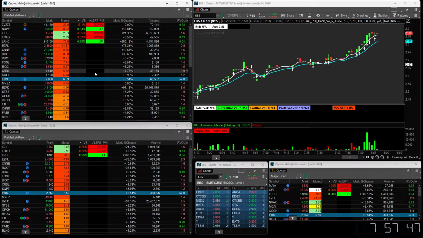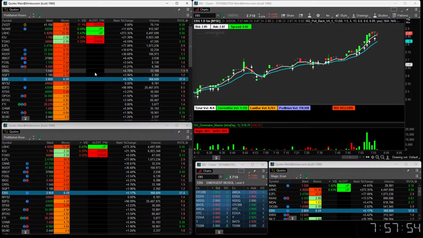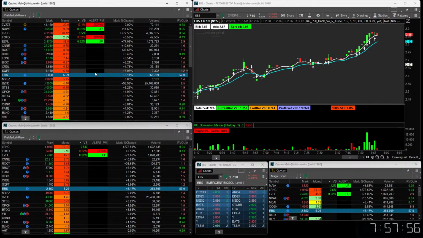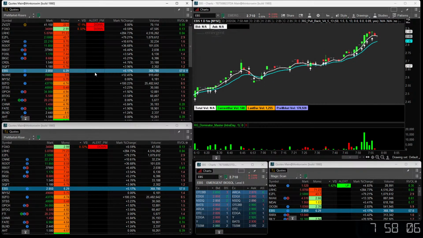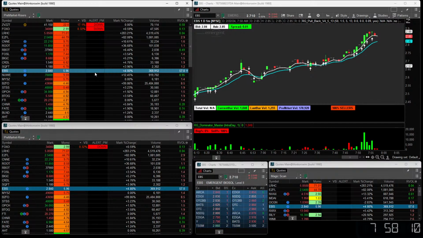But when you start writing a lot of good scans, you realize you can't watch them all, no matter if you had a lot of monitors. So pick the ones that work for you. And earn, I like to say earn the monitors. If you're making money in the market and you earn a monitor, go buy one.